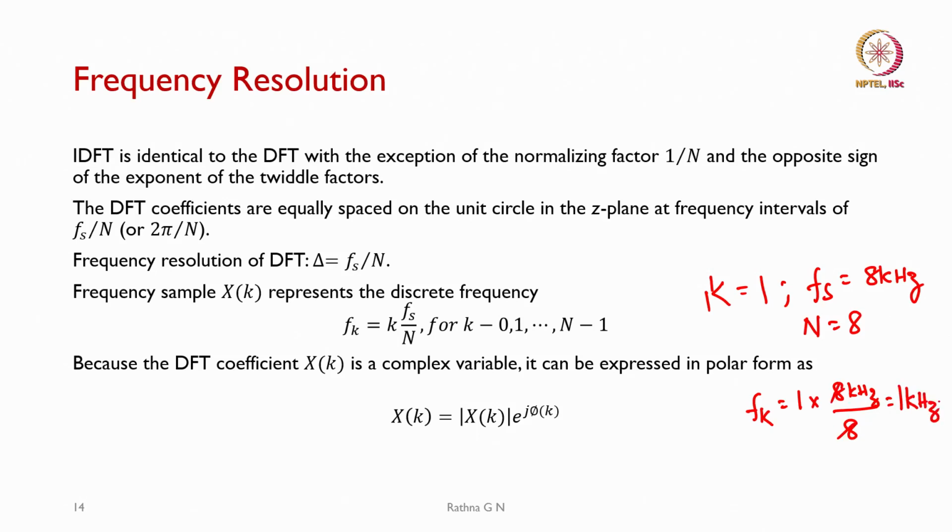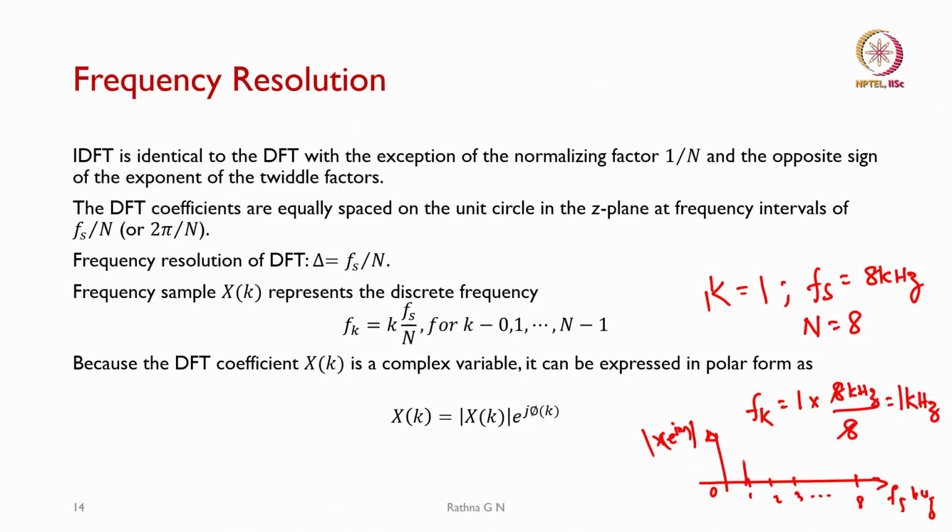So, you will be seeing that fk at k equal to 1 is 1 kilohertz. If I draw it, this will be my magnitude of X of e power j omega, and this is fs in kilohertz, and this is my 0, this is 1, 2, 3, up to 8.